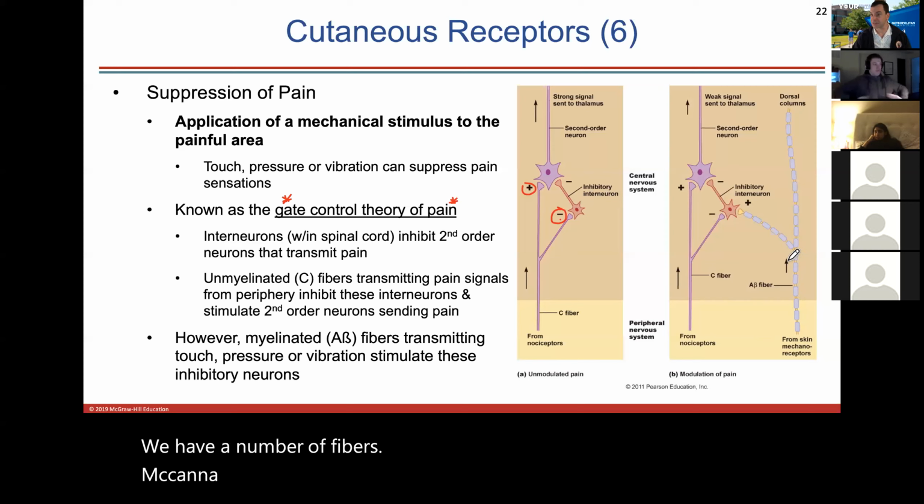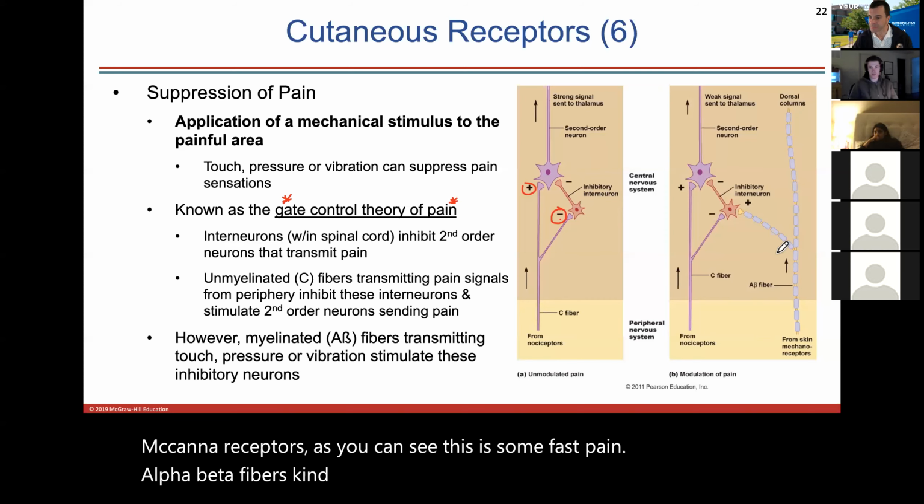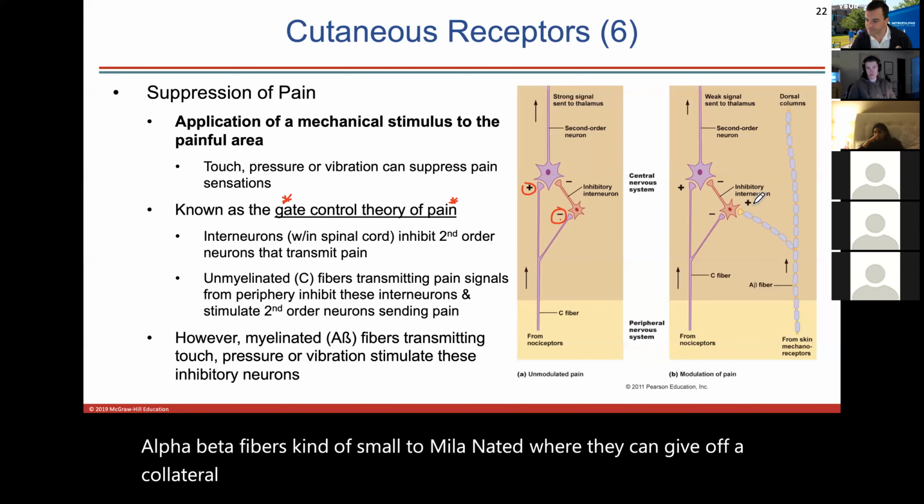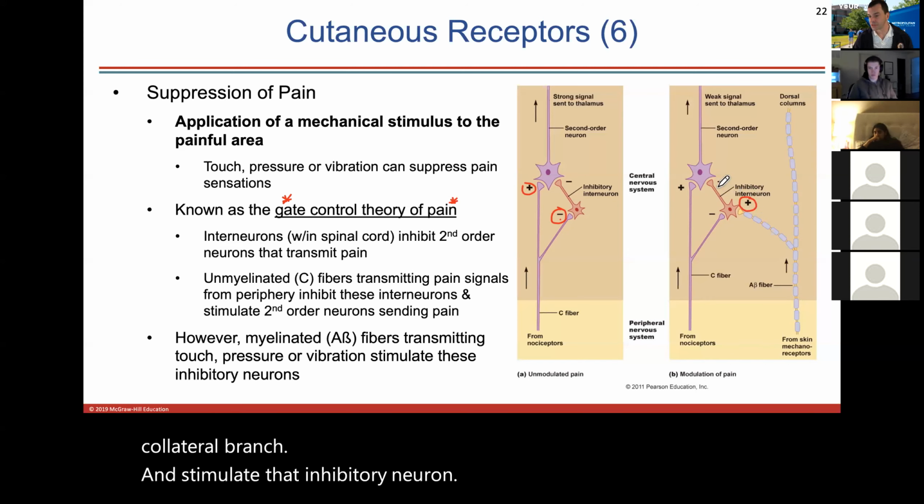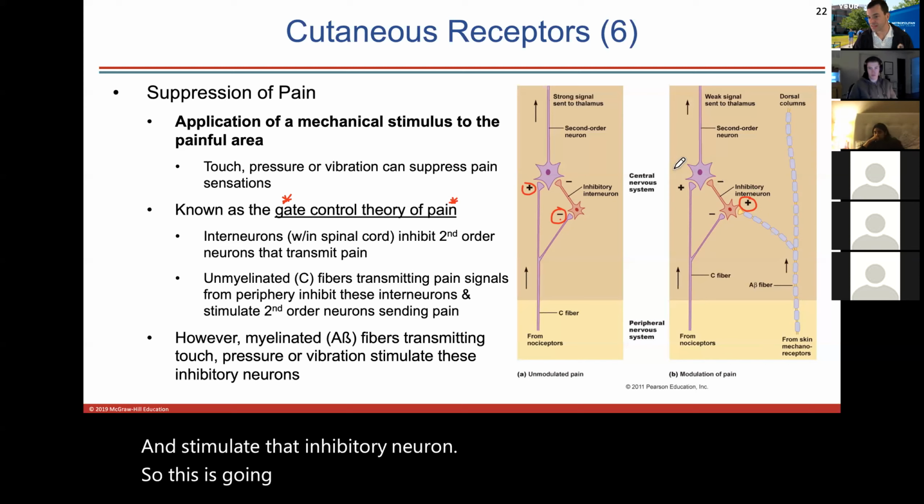As you can see, this is some fast pain. Alpha beta fibers, kind of small to myelinated, where they can give off a collateral branch and stimulate that inhibitory neuron. So this is going to cause this thing to not fire as much, okay? Because it's a negative effect on this dude.